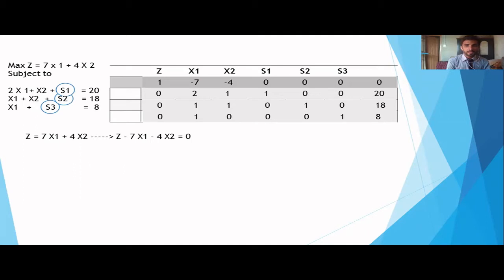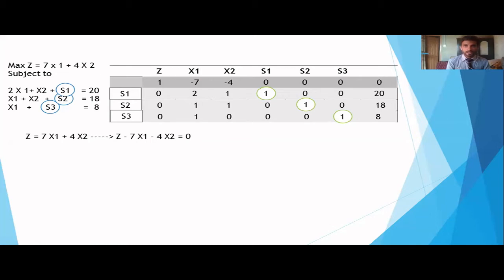In the simplex table, it is even easier to find them, since these variables will have the coefficient 1 in one row and zeros in the other rows. These variables are called basic variables, and in this case S1 will be basic in the first row, S2 will be basic in the second row, and S3 will be basic in the third row.